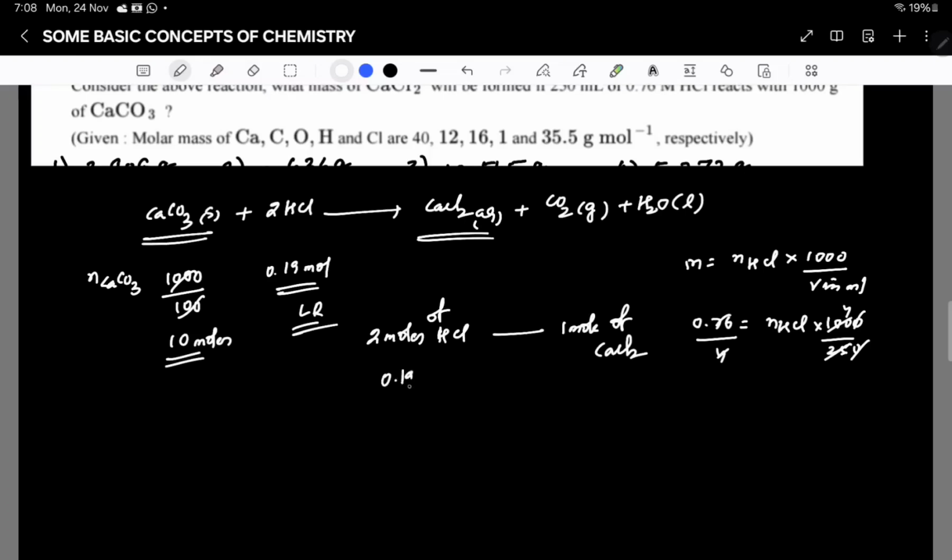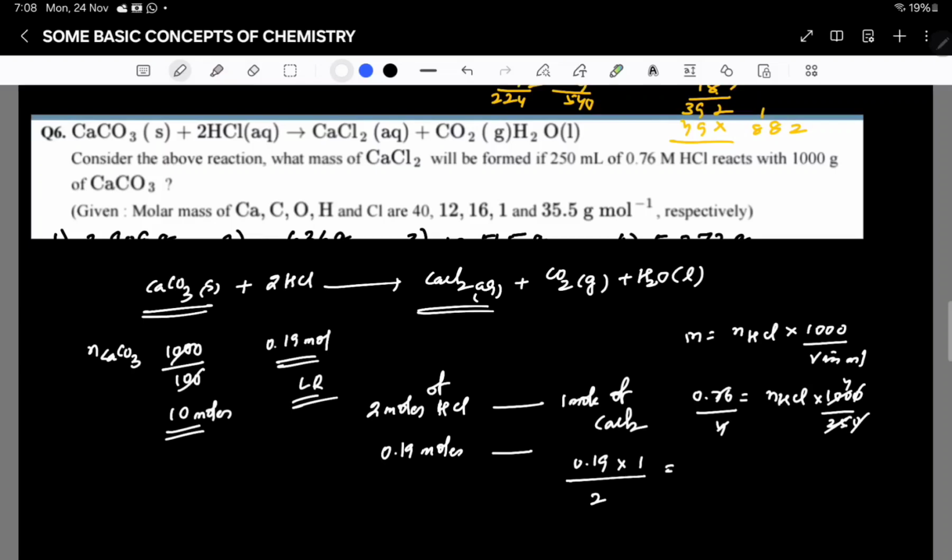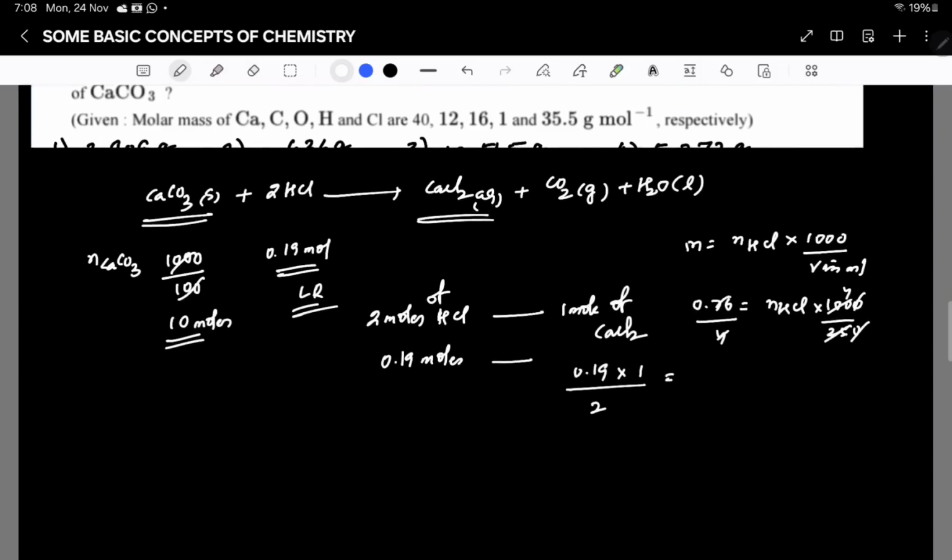So 0.19 moles of HCl gives how many moles of CaCl2? That will be 0.19 into 1 divided by 2, student. Here weight is being asked, so we convert the moles into mass using the molar mass of CaCl2. So that is equal to 0.19 into 111.